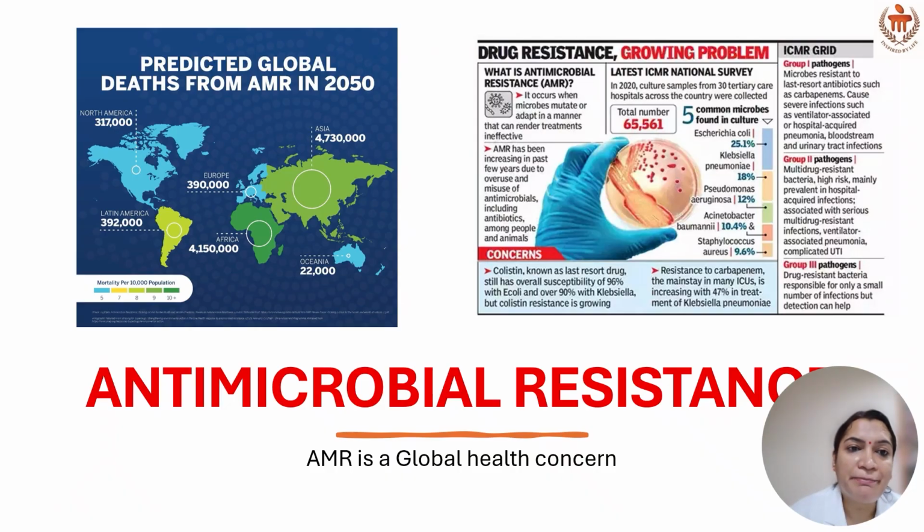So AMR is on track to become the next global pandemic, slow, silent and deadly by 2050. The world is watching the rise in AMR in aerobes, but ignoring anaerobes, where the resistance is rising but unreported and unrecognized.